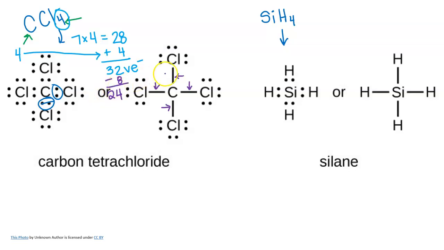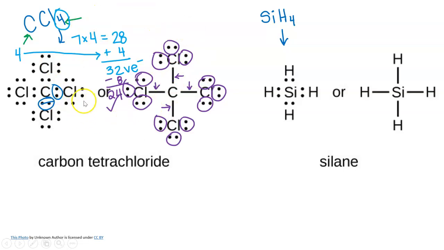All right, so we're looking for 24 around your outer atoms. We have 2, 4, 6, 8, 10, 12, 14, 16, 18, 20, 22, 24. Check. So what we're drawing on this side is right where we want to be.